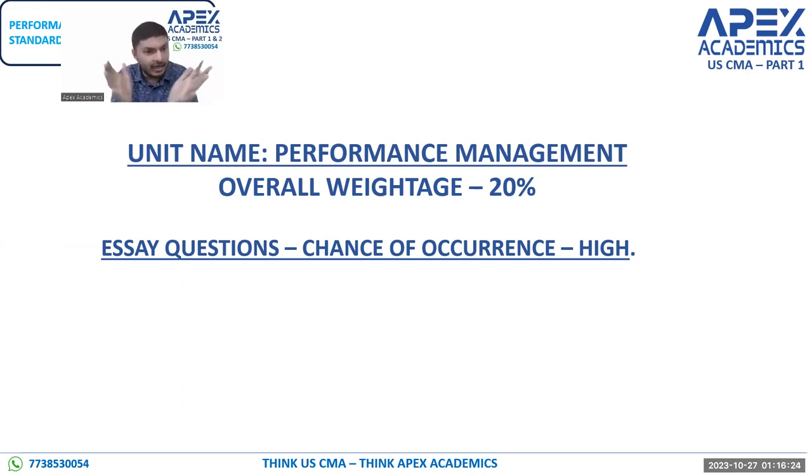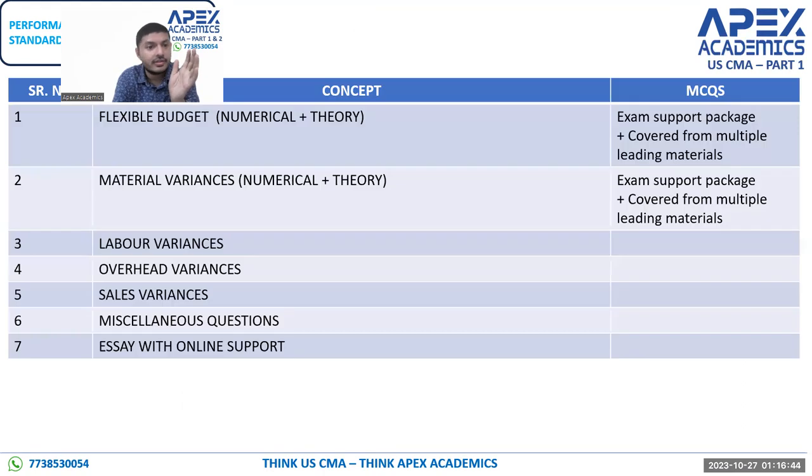There arises no debate upon that, and that has been proven by the exam patterns again and again. The essay questions have a high chance of occurrence. At least I would say 3 to 4 out of 7, if I was to put a ratio that way, have gotten a standard costing question, a performance management question.